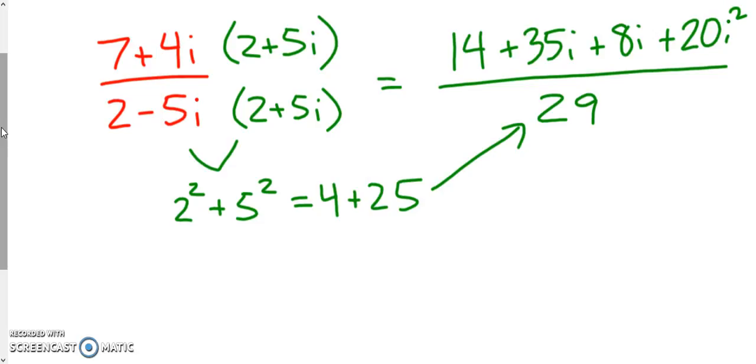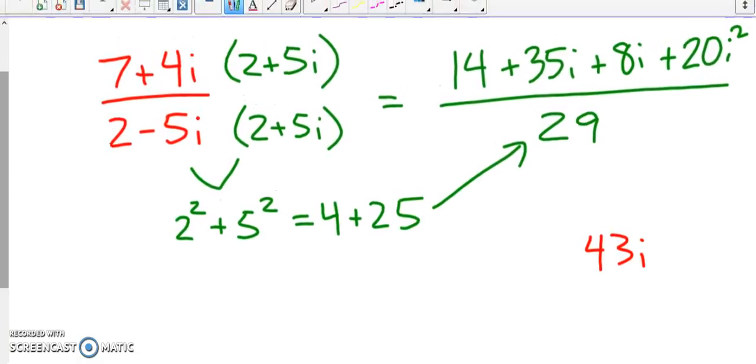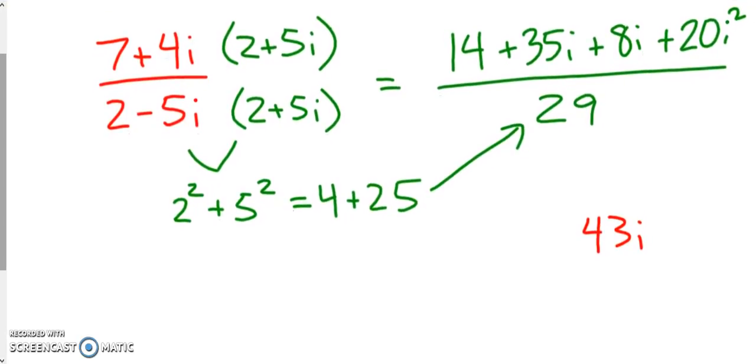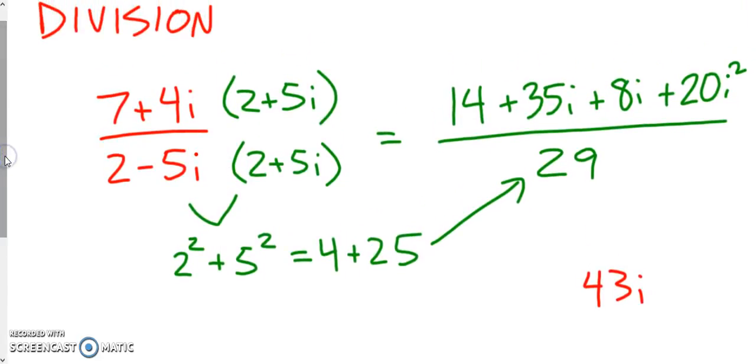All right, so I'd have 43i for sure. What about the 20i squared? Yeah, that'll become negative 20. I see you've learned something. So anyway, this becomes minus 20, which can combine with the 14 and give you what, negative 6?